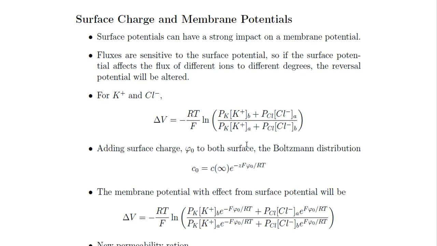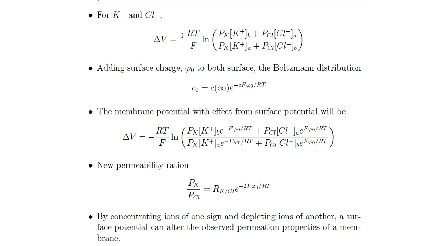okay, for both surfaces, the Boltzmann distribution gives us this one. So the GHK voltage equation we can write as this equation, replacing C with this C_L.